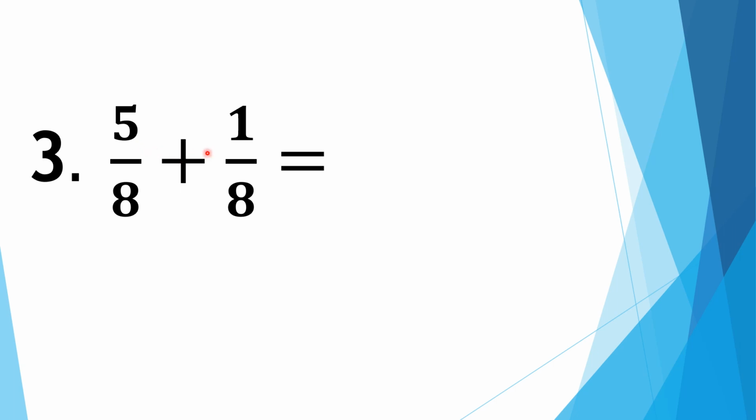Number 3, 5 over 8 plus 1 over 8. 5 plus 1 is equal to 6. Then copy the denominator, 8. Then reduce or simplify into lowest term. Let's find the highest common factor of 6 and 8. What is highest common factor? The highest common factor of two or more numbers is the largest number that can divide the numbers without any remainder, or the answer is a whole number.